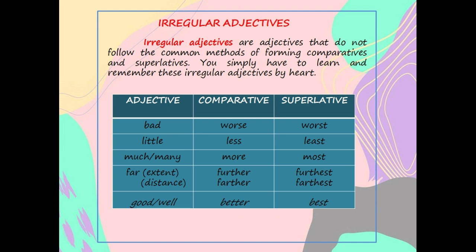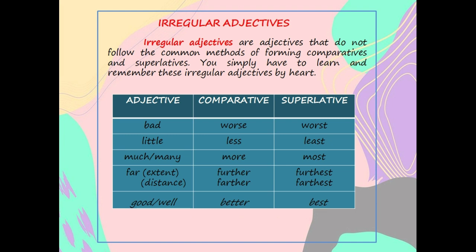The adjective far, which means extent, has its comparative form, which is further, spelled F-U-R-T-H-E-R, further. And the superlative is furthest, which is spelled F-U-R-T-H-E-S-T.